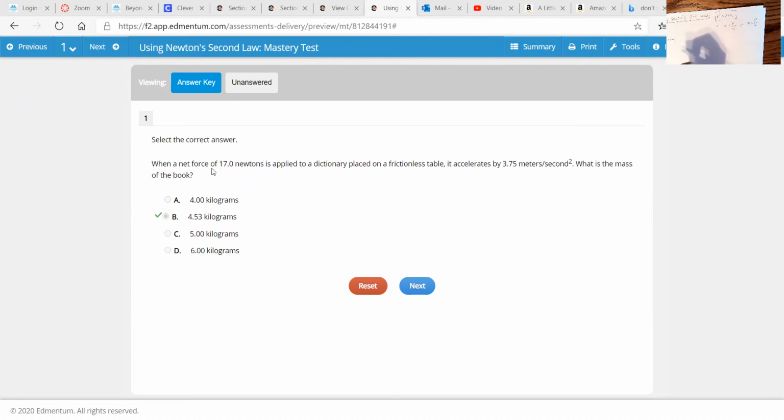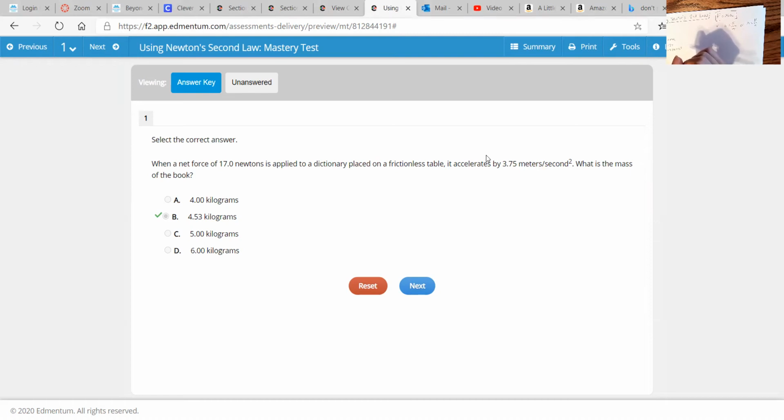We're given the net force, so F equals 17 newtons. We're on a frictionless table, and it accelerates by 3.75 meters per second squared.